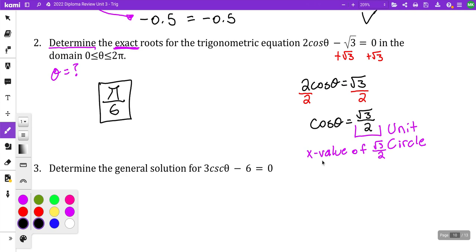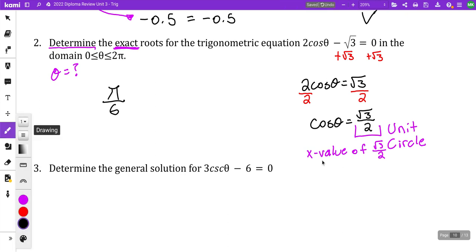The reason it's not a perfect answer is because points always exist in 2 spots on the unit circle. There's another spot where the x value is root 3 over 2. So you go back to your unit circle, you go all the way around to quadrant 4, and you see again another x value of root 3 over 2. That one is at 11 pi over 6.